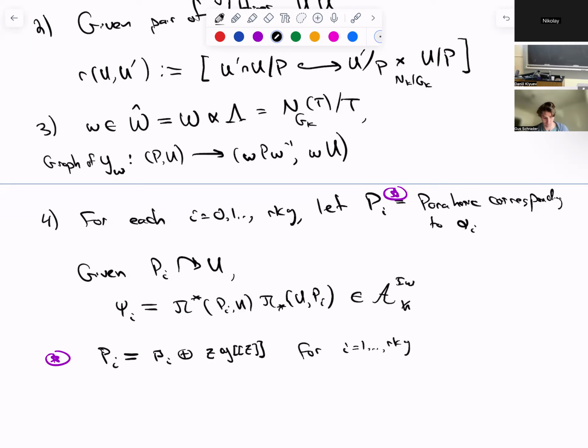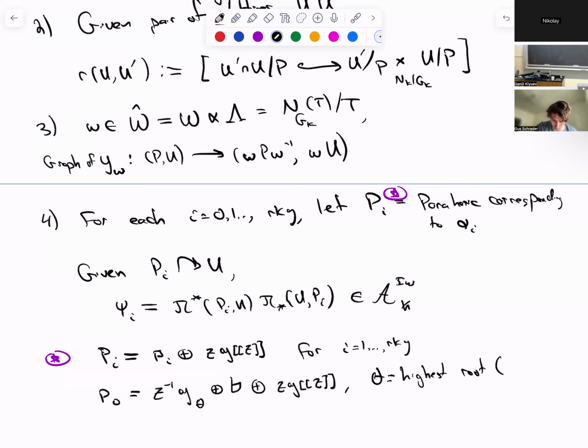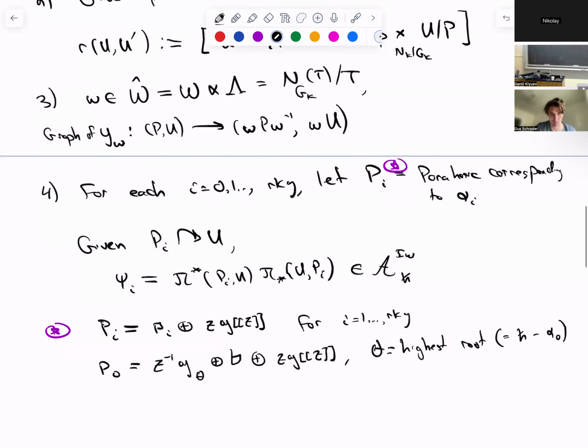And then for the affine reflection, 0, you take this. And here theta is the longest or the highest root, which equals delta minus alpha_0. And g_theta is the weight space of that. So these are the simple parabolics.